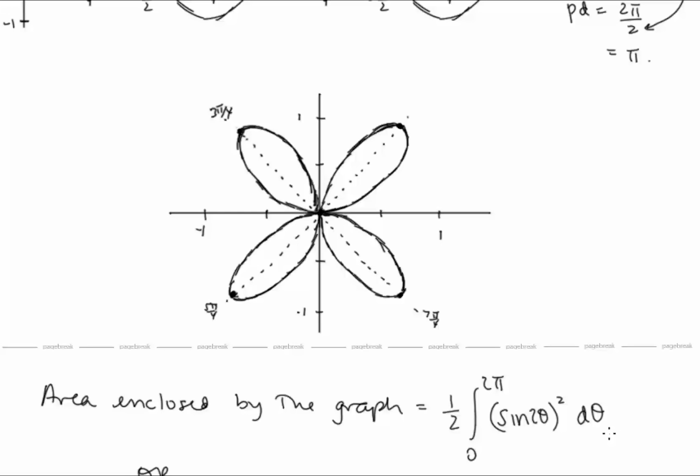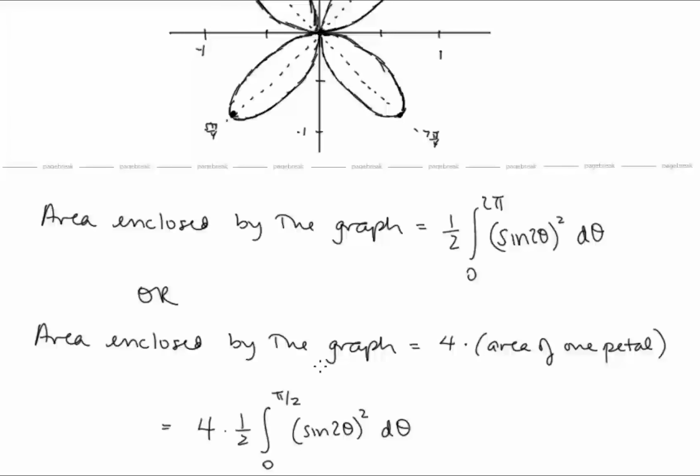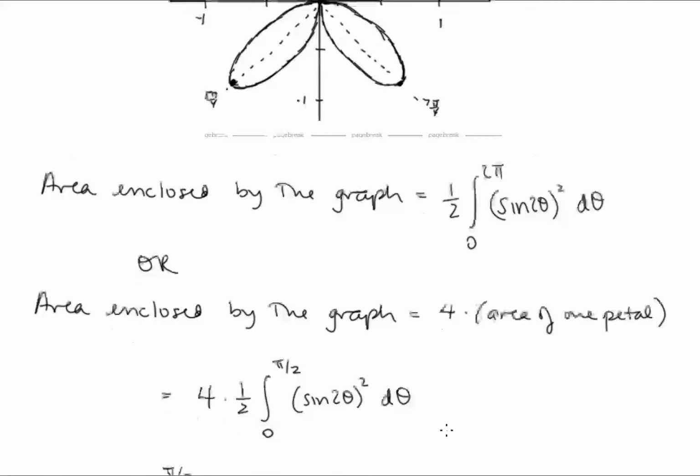We could also notice that there's symmetry in this graph, and we could take the area of just one petal and then multiply that area by 4. We could recognize the area enclosed by the graph as being 4 times the area of one petal. So that would be 4 times 1/2 integral 0 to pi over 2 sine of 2 theta quantity squared d theta. Both integrals will give you the correct answer.